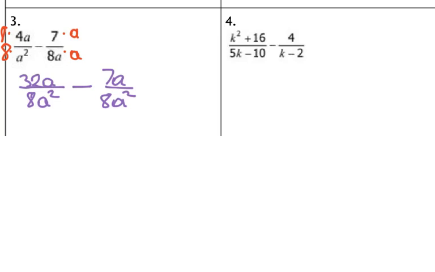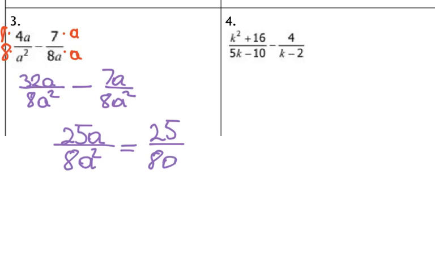So 32a minus 7a will give me 25a over 8a squared. So subtract numerators, keep the denominator. And now simplify anything that you can. 25 and 8 don't have a common factor, but a and a squared can and do have a common factor of a, so we can reduce to get 25 over 8a.